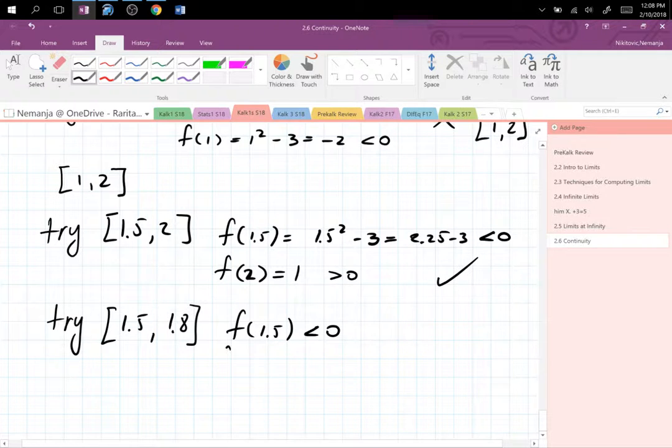And now I have to go with f of 1.8. 1.8 squared minus 3. What is that? So 3.24 minus 3, 0.24, larger than 0, yay.